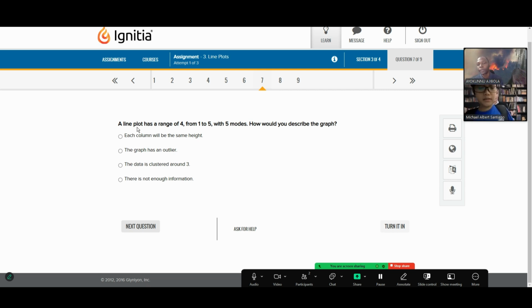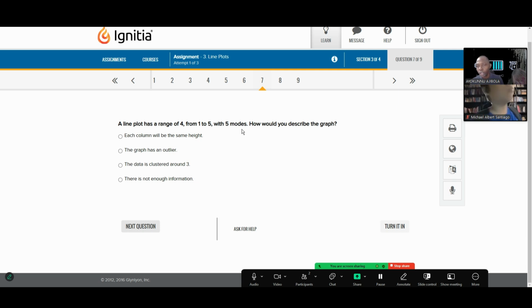A line plot has a range of 4 from 1 to 5 with 5 modes. How would you describe the graph? The range of 1 to 4.